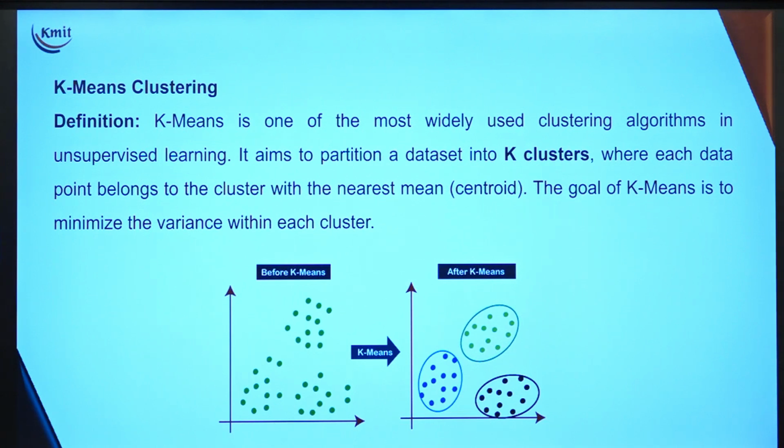Variance, in statistics, is a measurement of how far each number in the data set is from the mean, right? So the main goal of k-means is to minimize the variance within each cluster, such that all the data points with similarity belong to the same cluster.